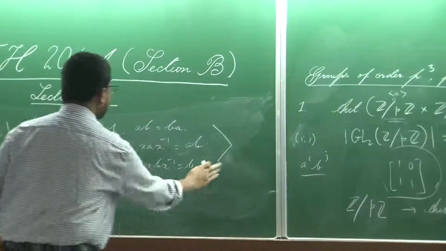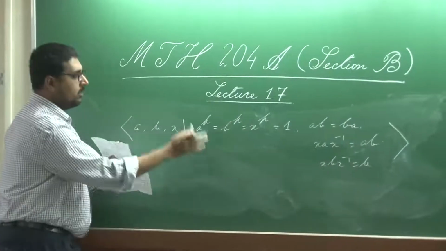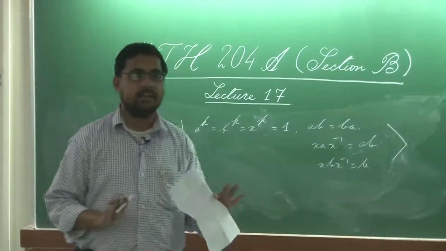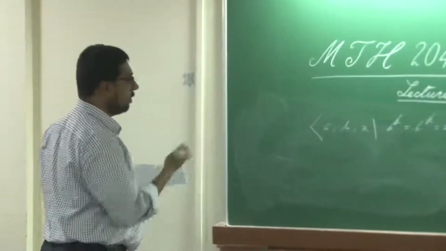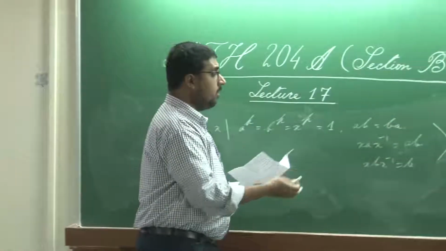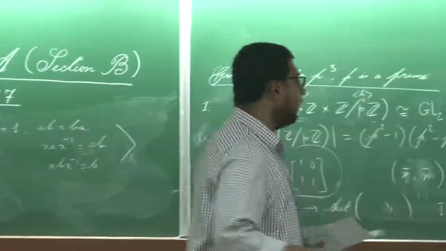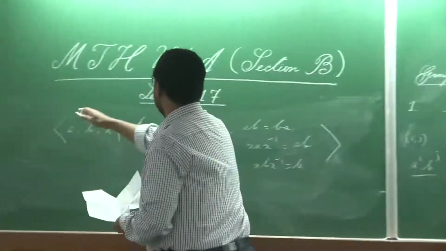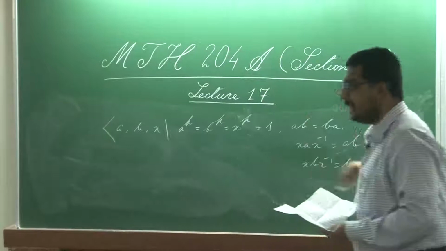This group, this Heisenberg group, is usually written like this. Right now this is just a way of writing this group and it bears no other meaning. Later on, maybe not in this course, we will learn the meanings of generators and relations, presentations. Then you will understand why we write it like this.